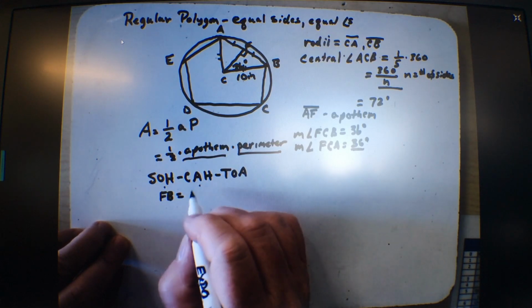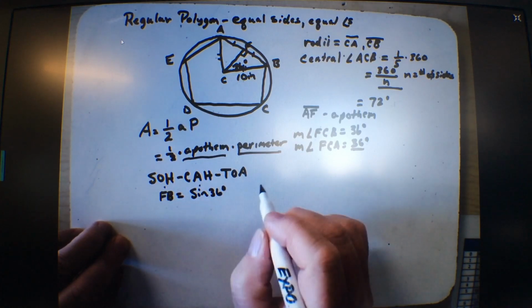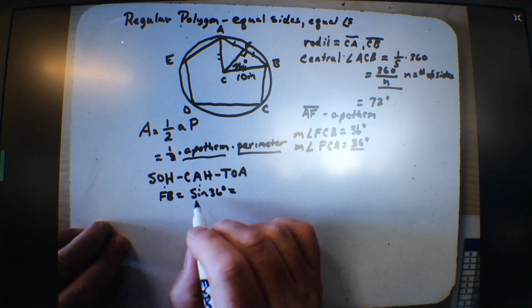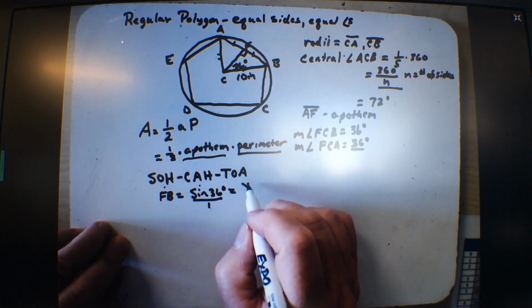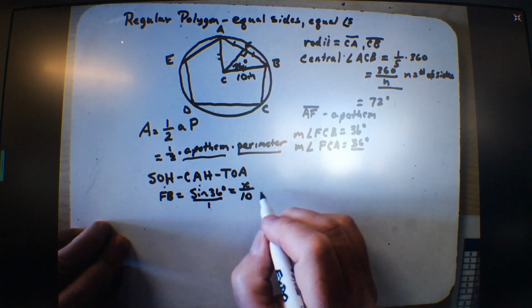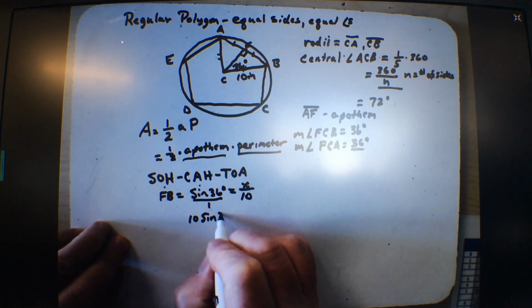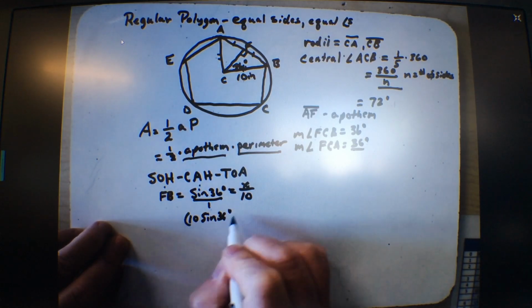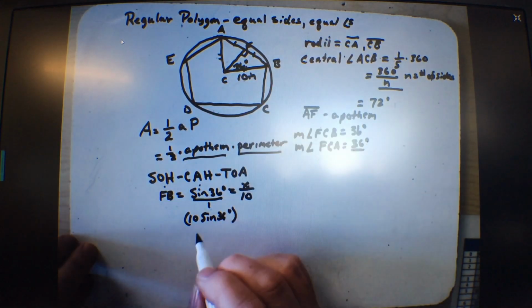The sine of 36 degrees over 1 equals x, which is FB, over 10, correct? And so FB equals 10 times the sine of 36 degrees. Is that true? That's just FB, okay?